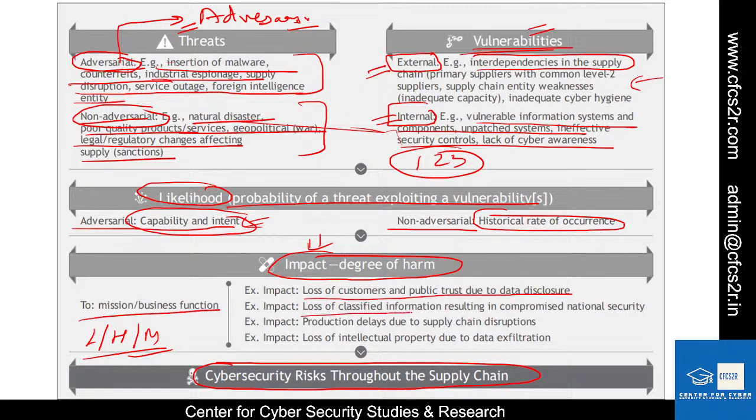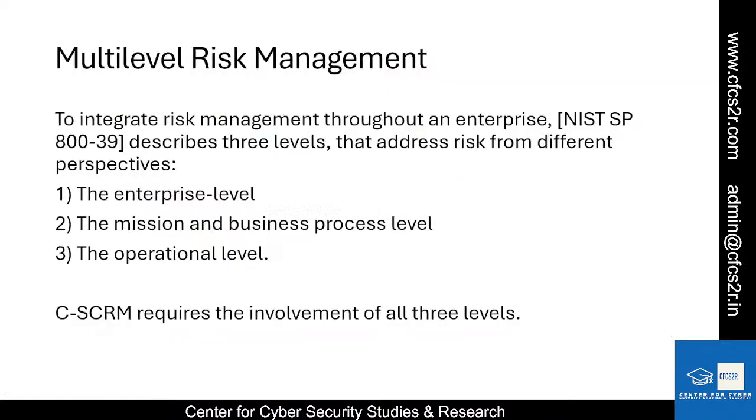Sometimes we have a loss of classified information resulting in compromised national security. Sometimes we have production delays due to supply chain disruptions, and sometimes a loss of intellectual property due to data exploitation. If some malware is embedded into a device and is sending data from your machine to an external agency, you can see that these are the cybersecurity issues that can happen. Now, how are you going to handle this?